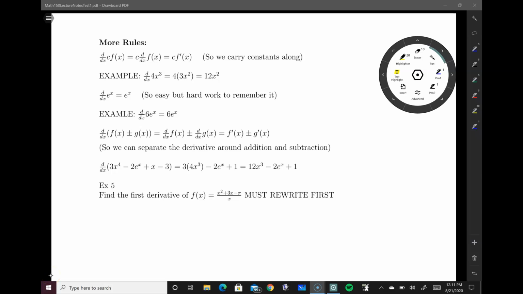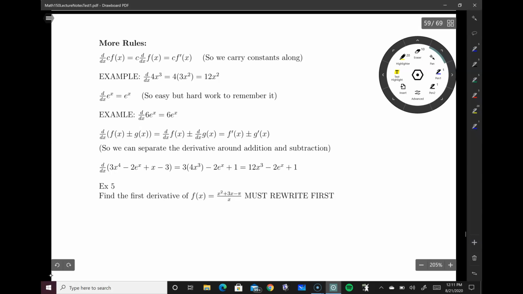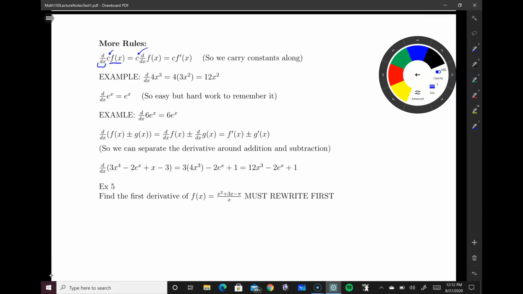All right, so let's talk about some more rules using this power rule. So again, this d over dx means I'm going to take the derivative with respect to x, and I've got this constant here in front of a function. So what this says is I can move the constant on the outside and then just take the derivative of the function.